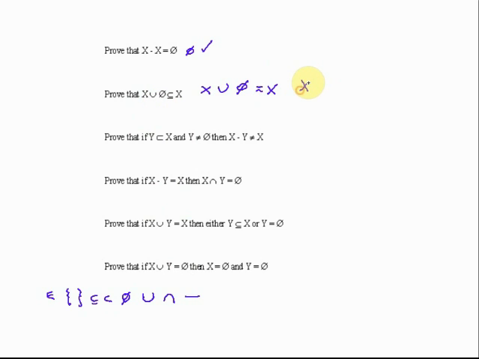So X is a subset of any set Y if everything in X is also in Y. Question: is everything in X also in X? Yes, it is, and therefore X union the empty set is equal to X, and of course X is a subset of itself because it contains everything that it contains. Simple enough. I hope you understand this.